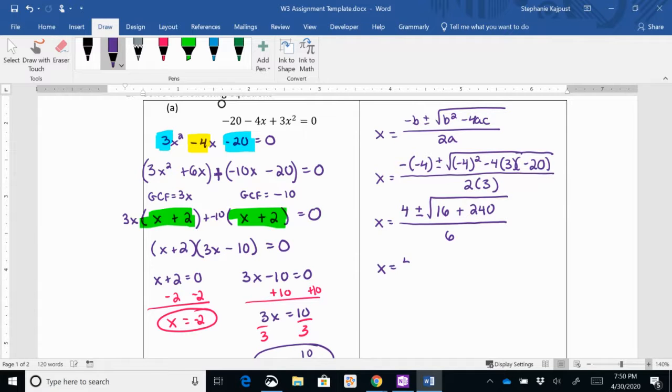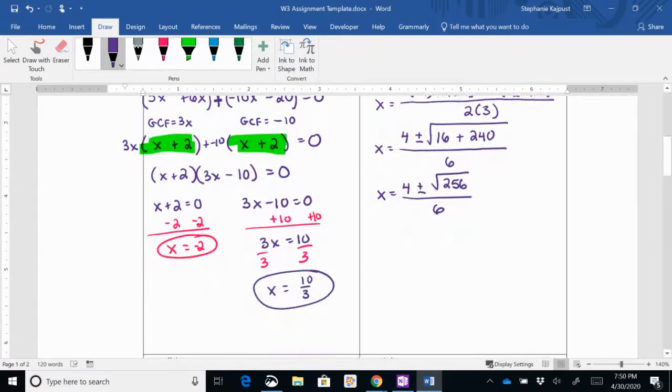I'll continue just so we can see how this works out. When you add 16 and 240, you get 256, and the square root of 256 gives you a whole number, 16. So you end up with x equals 4 plus or minus 16 over 6.